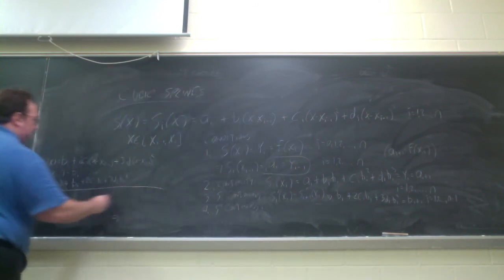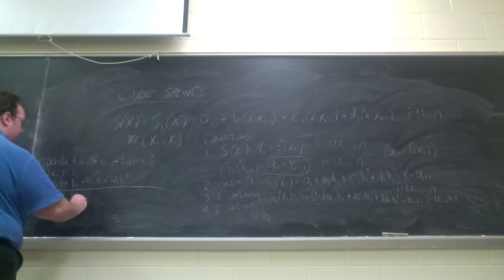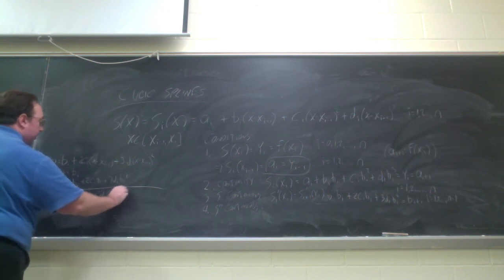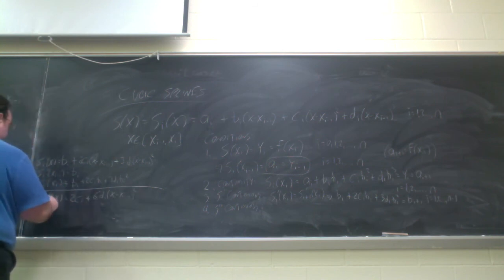All right, so off to the side, I'll compute the second derivatives. So s_i double prime, okay, that goes away. I have 2c_i plus 6d_i (x minus x_{i-1}). So if I plug in the left endpoint, what am I going to get?